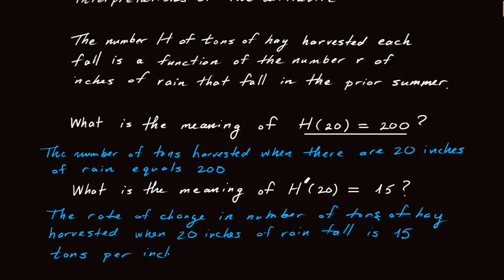Here again, the units are tons per inch because the numerator of the average rate of change formula is h. Those are the output variables, and the denominator is inches. In other words, what we're saying is that when you're at 20 inches and you were to say go 1 extra inch, then get 1 extra inch of rain, then you'd probably increase the number of tons by 15. The rate of change is 15 tons per inch.